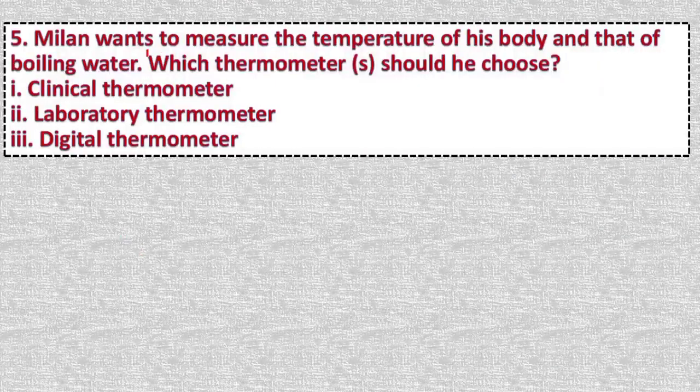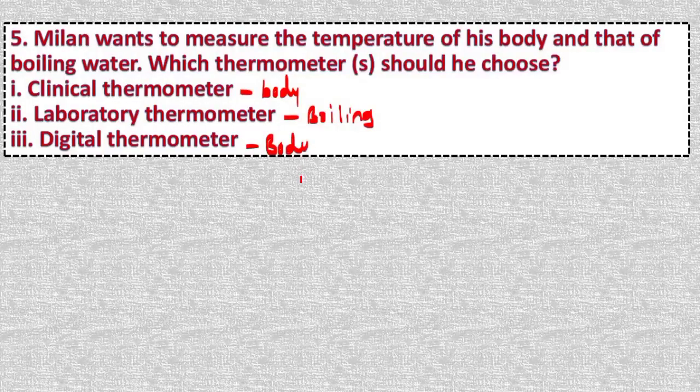Let us see the next question, which is based on the usage of the thermometer. Milan wants to measure the temperature of his body and that of boiling water. One is a living thing and one is a non-living thing here, that is body and boiling water. Which thermometer should he choose? Clinical thermometer, laboratory thermometer, or digital thermometer. We know that the clinical thermometer can be used to measure the body temperature, the laboratory thermometer can be used to measure the temperature of the boiling water, and the digital thermometer can be used to measure the body temperature.